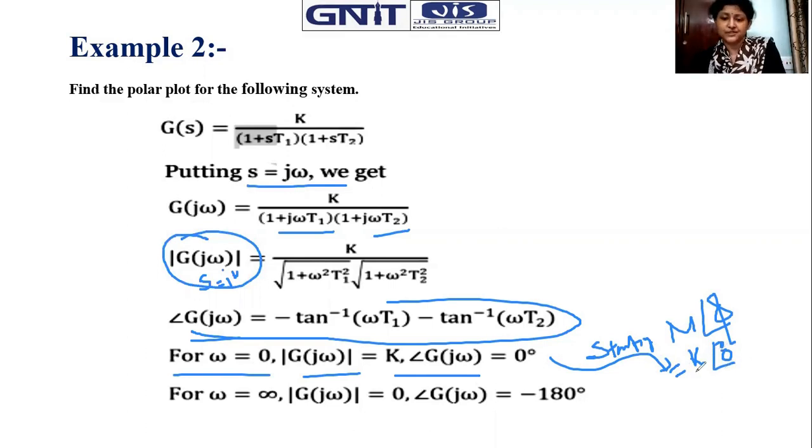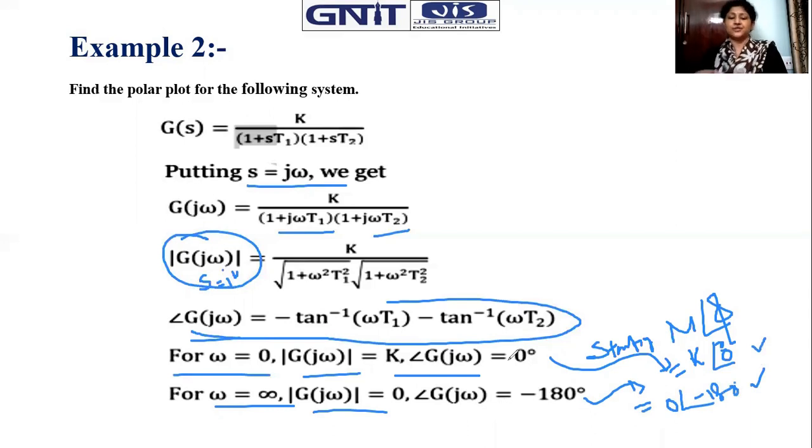Now for omega tends to infinity, G(j omega) will be 0 in magnitude, and the phase is minus 180 degrees. So these are two pieces of information we derive from the polar form of the system.